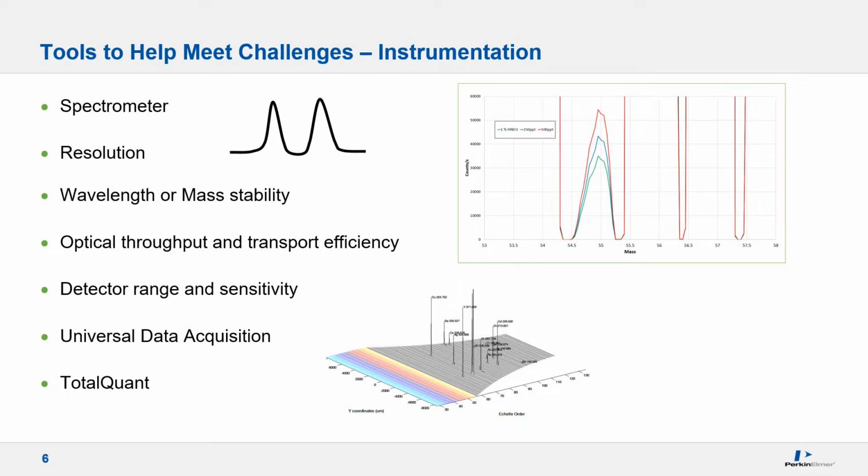Stability is important for long-term precision and to minimize drift. The transport efficiency of the sample introduction and optical throughput is important for detection limits as well as precision. The detector is an important consideration to understand the instrument's dynamic range and the possible detection limits. Universal data acquisition and total quant functions allow for sample screening for ICP-OES and ICP-MS respectively.